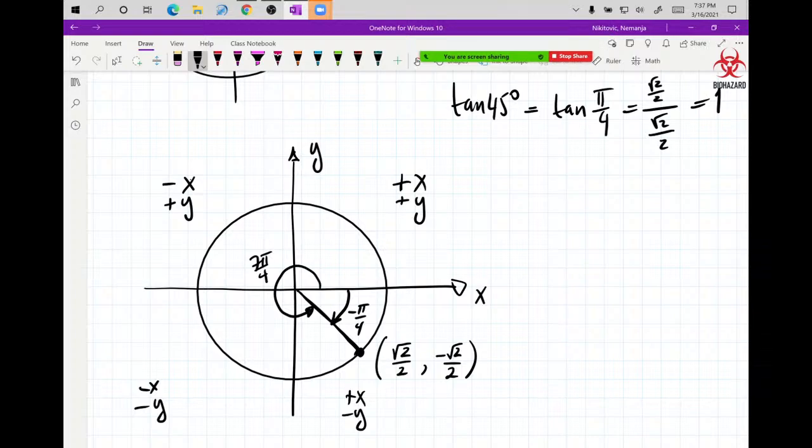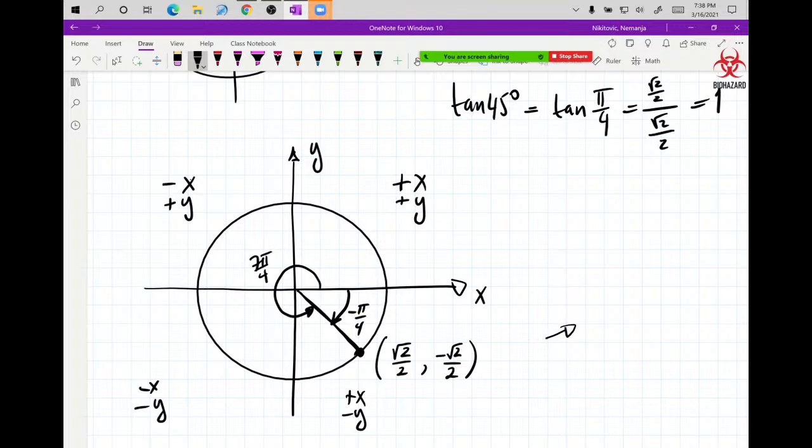No, but they are in the same location. The initial and terminal sides are in the same spot. We just went the different way around the circle. So one says negative pi over 4 and the other one says 7 pi over 4. But they land at the same point with the same coordinates.